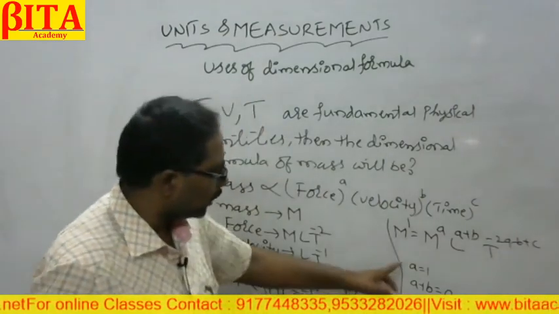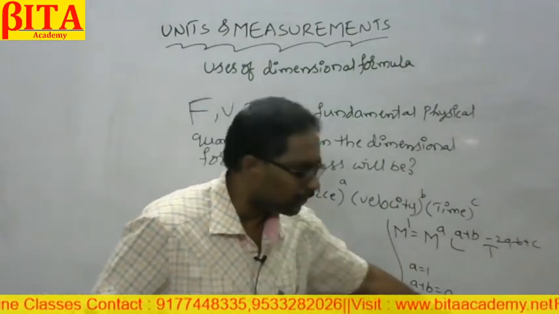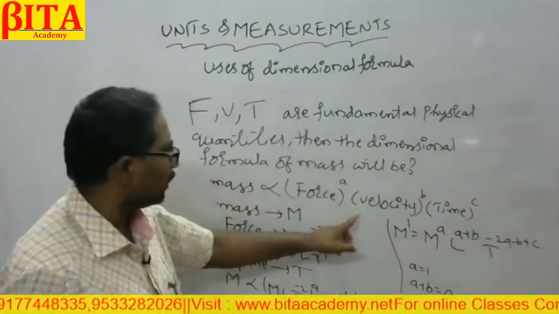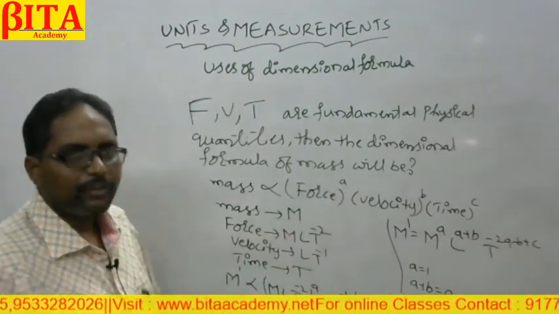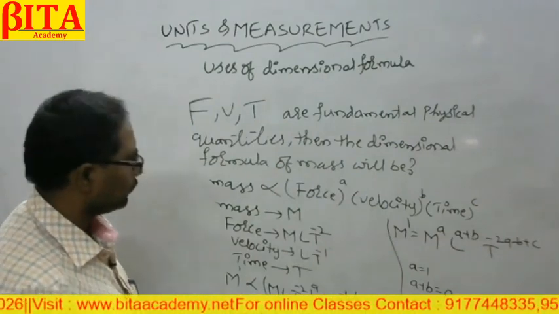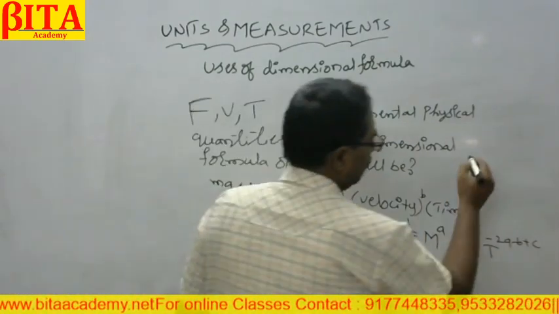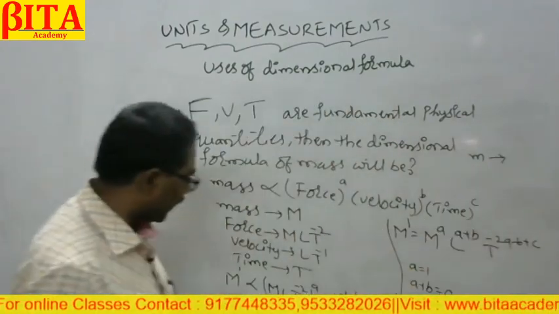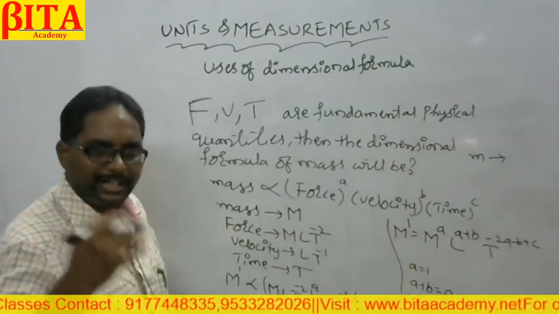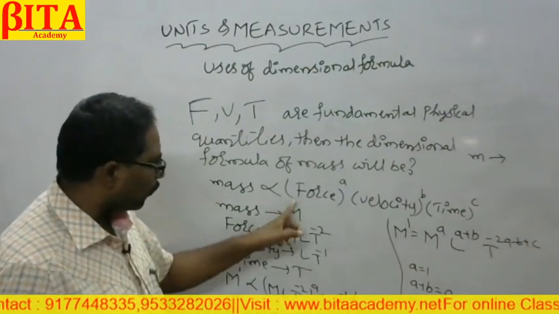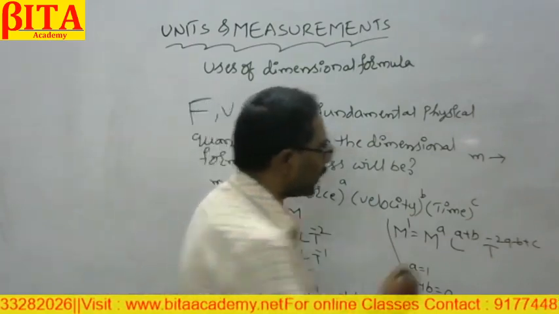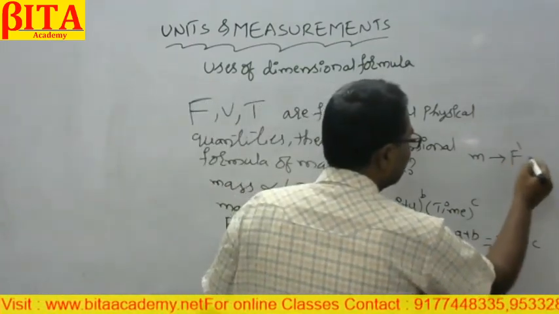Now we got a is equal to 1, b is equal to minus 1, c is equal to 1. Now let us write all these values into this equation. The dimensional formula of mass will be equal to, K is dimensionless, so I am not writing a dimensional formula for it, force power a. Force power a means a is equal to 1, so that's why F power 1.